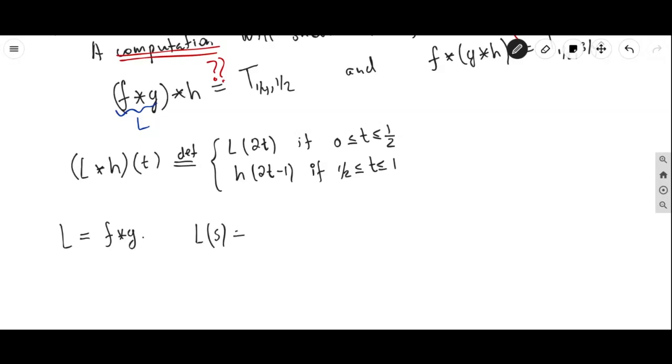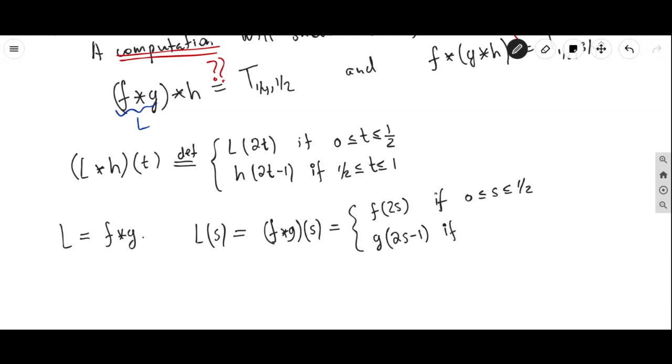So L of s would be equal to F star G of s. And that would be equal to F of 2s if s is between 0 and 1/2. And this would be G of 2s minus 1 if s is between 1/2 and 1.